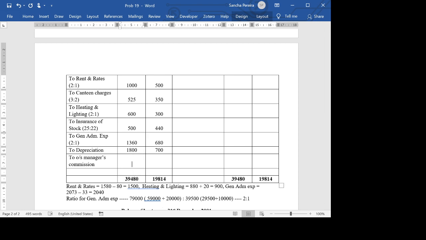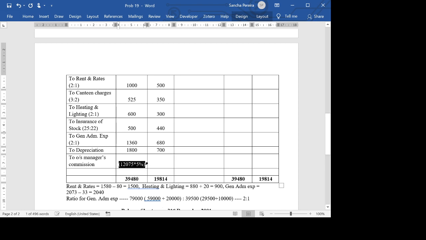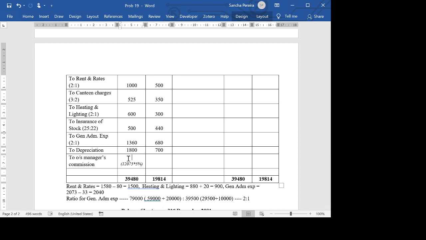You get it as 12,075. So when I'm calculating manager's commission, it will be on 12,075 into 5%, which comes to 603.75, so it's going to be 604.